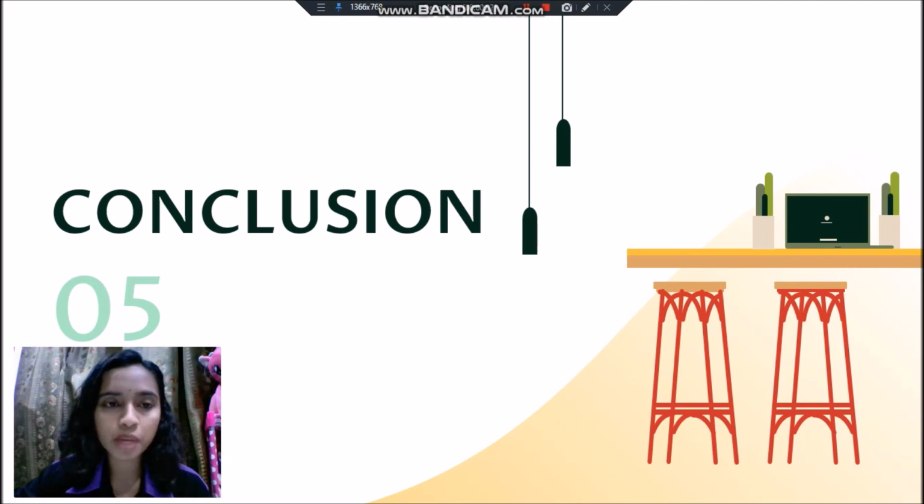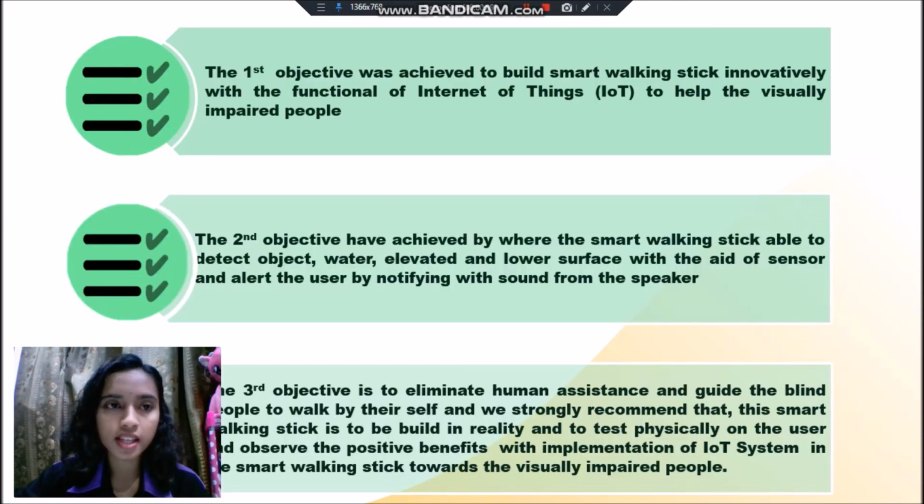Hello, now I'm continuing with the conclusion part for the smart walking stick. In a nutshell, the first objective was achieved: to build a smart walking stick innovatively with the functionality of Internet of Things, IoT, to help visually impaired people.